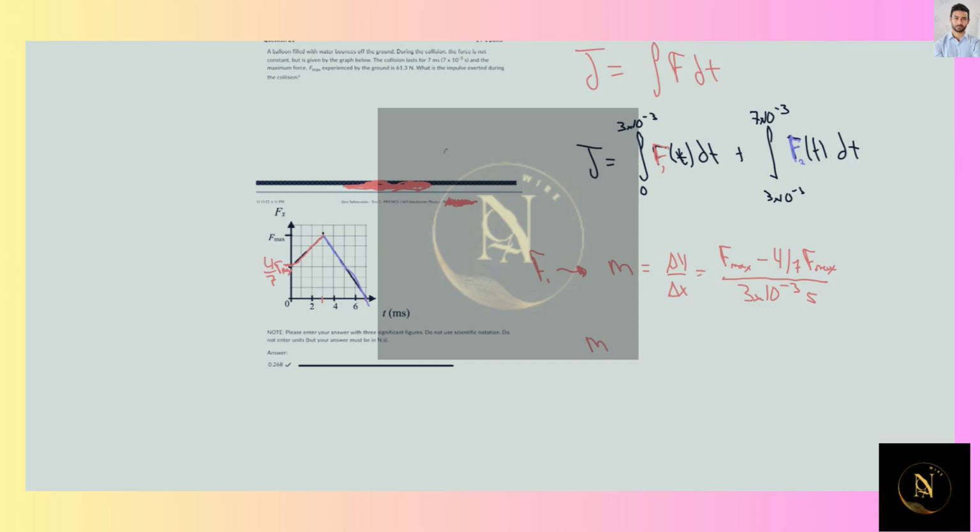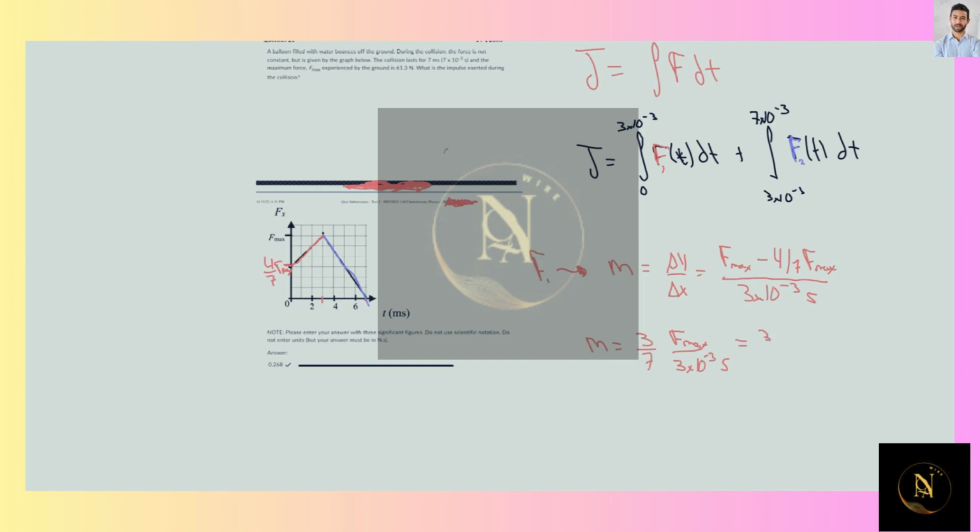With this, the slope is equal to 3/7 of the maximum force divided by 3 times 10 to the minus 3 seconds. I'm going to leave it like this just to get all of the results correctly.